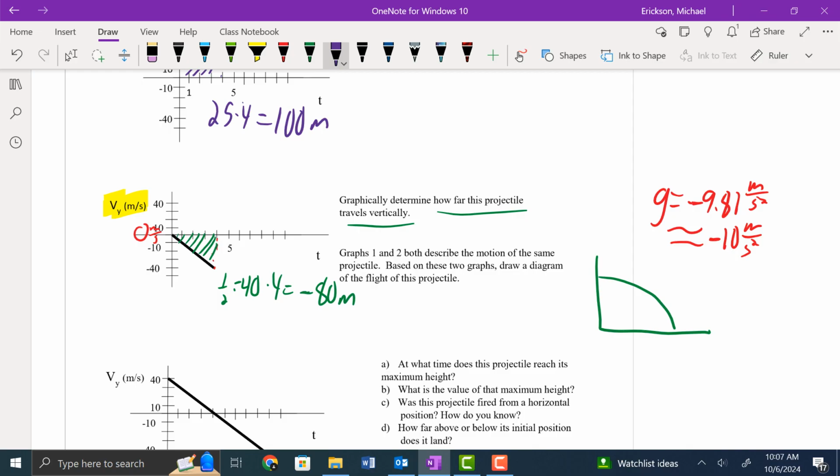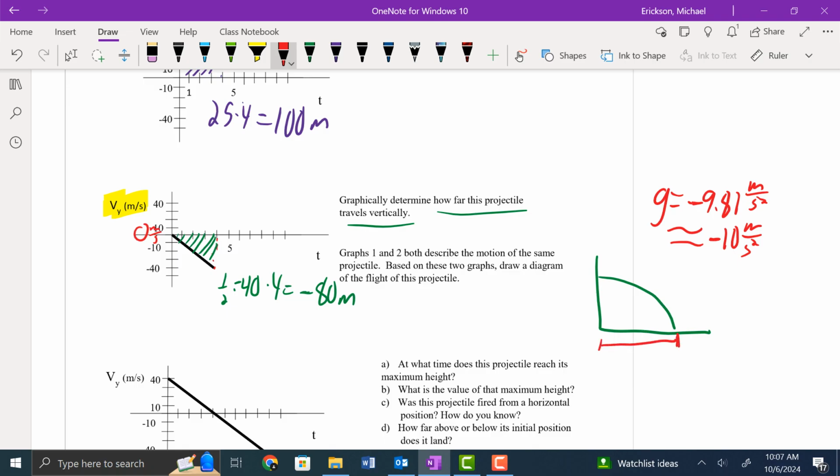So it's very flat, and then it goes down. Now notice I'm not drawing a parabola that's going up, right? Because I never had a positive velocity. So I have to start where my tangent looks flat, and then it gets more steep in the negative direction.